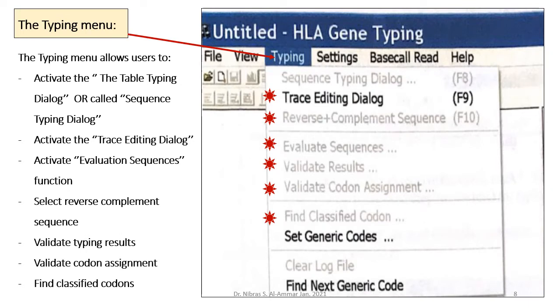Using the typing menu allows us to activate the table typing dialog, or we call it the sequence typing dialog, activate the trace editing dialog, activate the evaluation sequences function, select reverse complement sequence, validate typing results, validate codon assignment, and find classified codon in that case.